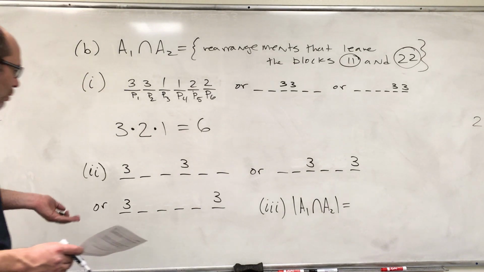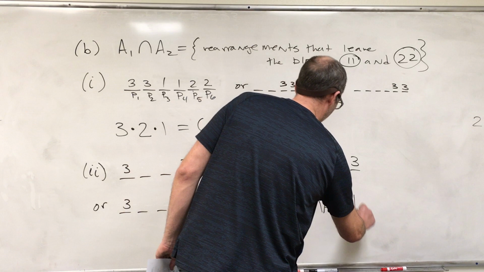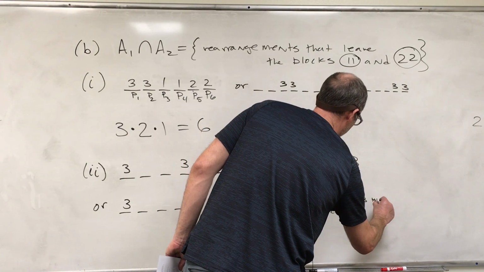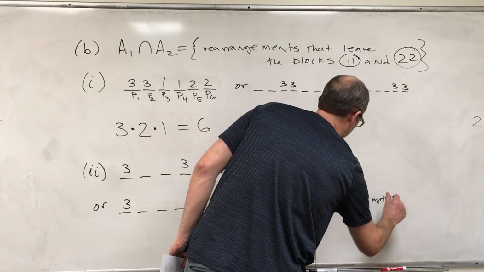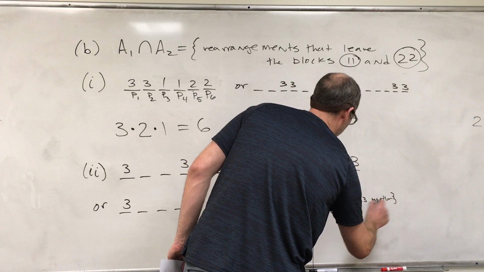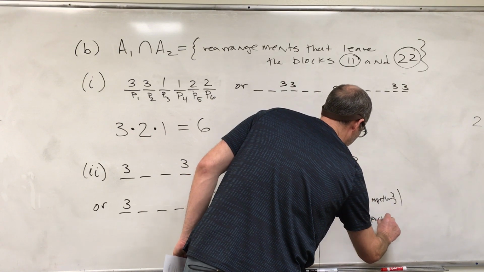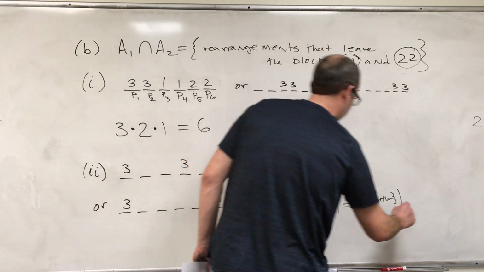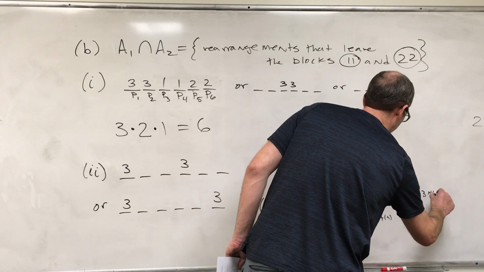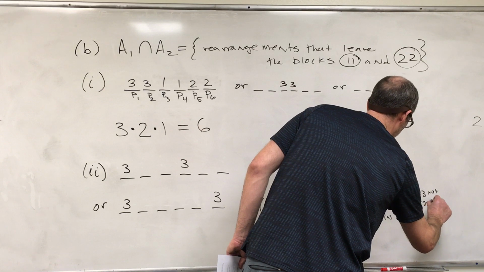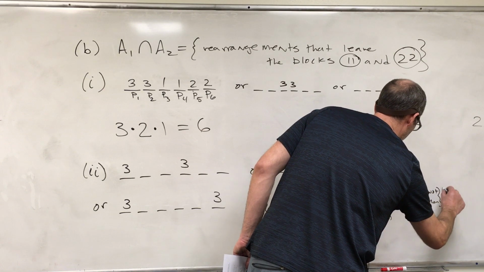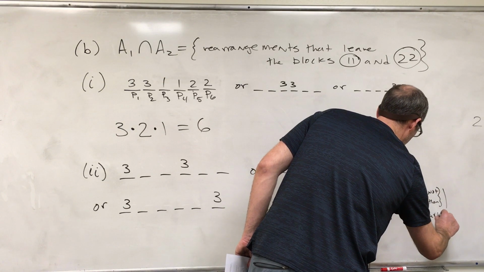Here we have the set where the 3s are together, this is part A, plus the 3s not together. This is part B.